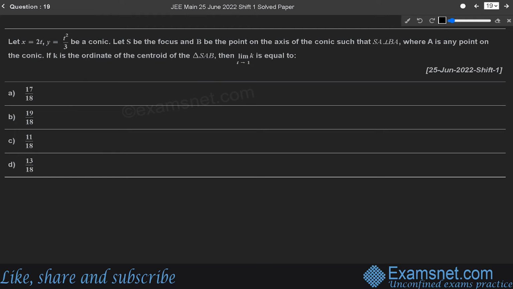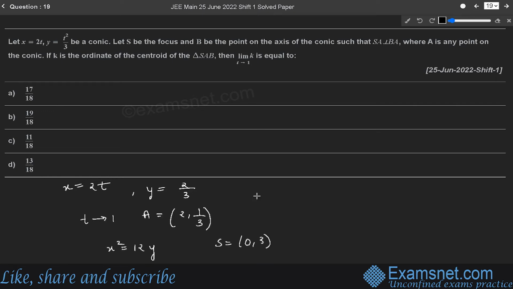It is given that x = 2t. So, y will be equal to 1/3. As t tends to 1, therefore A will be equal to (2, 1/3). Now, given conic is x² = 12y and S = (0, 3).